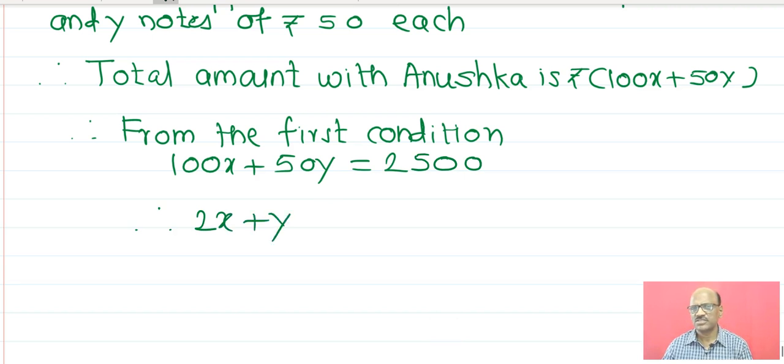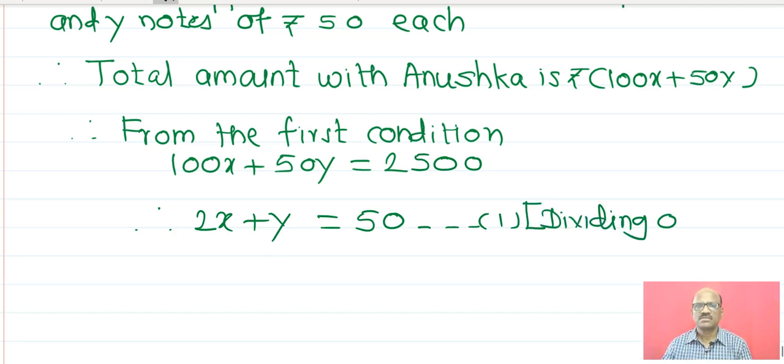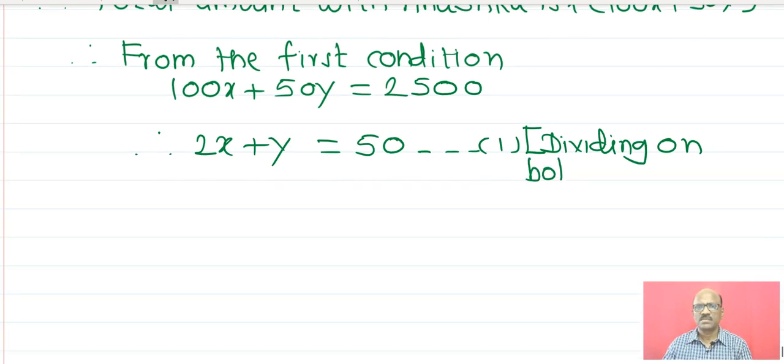And from the second condition, we will get 50x plus 100y is equal to 5000. Dividing on both sides by 50, therefore 2x plus y is equal to 50.